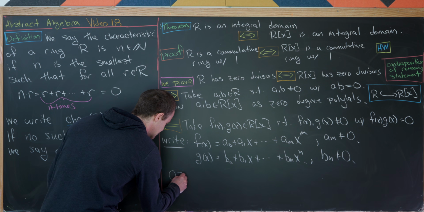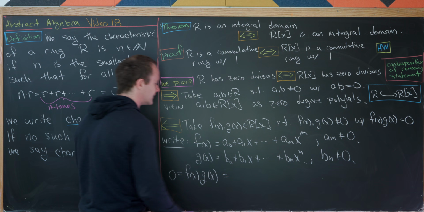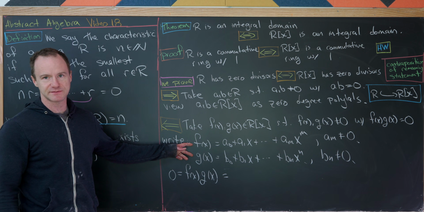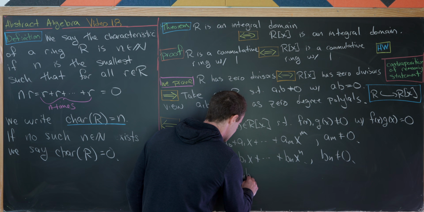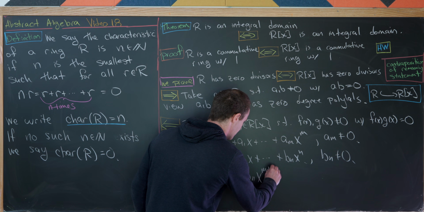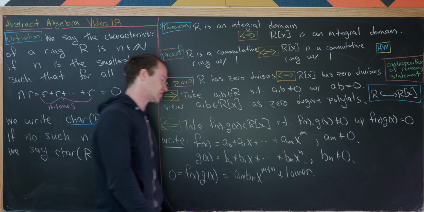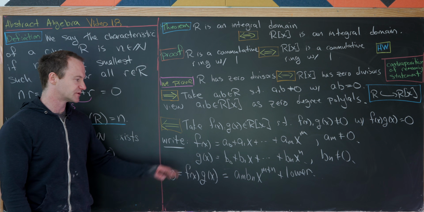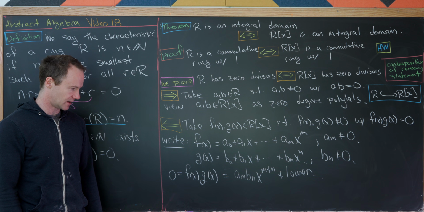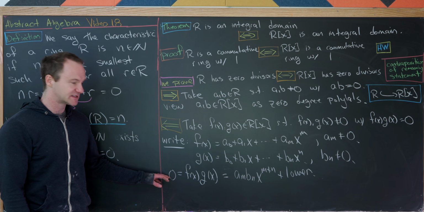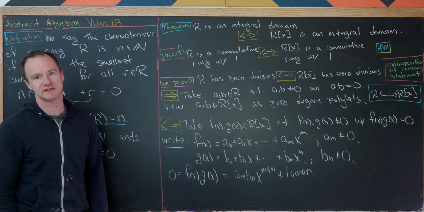Now let's notice that 0 is the same thing as f of x times g of x, but if you multiply these polynomials out, you'll get something like this: am times bn, x to the m plus n, plus what I'll call lower terms. Those are terms where the power of x is smaller than x to the m plus n. But since this is equal to 0, all of the coefficients over here have to be equal to 0.